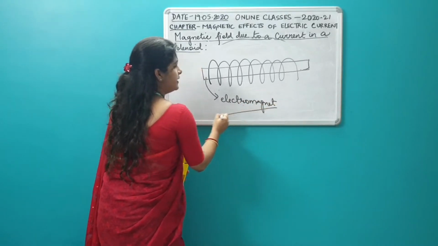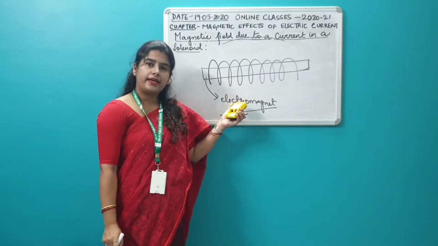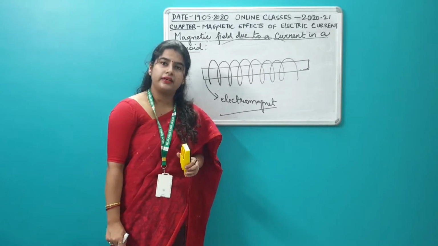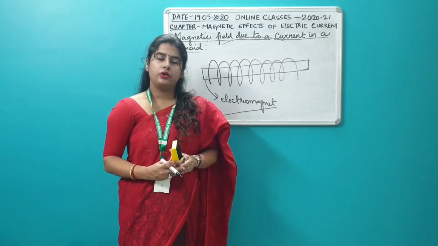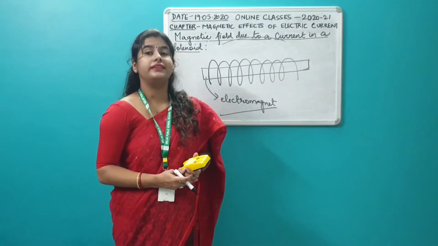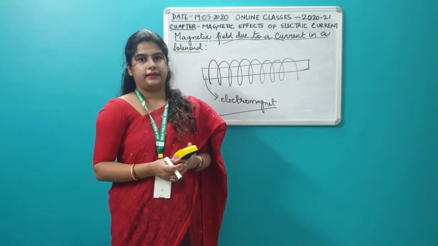Remember this arrangement: a coil of insulated copper wire carrying current wound around a piece of soft iron is known as an electromagnet. And the magnetism of the electromagnet is much stronger than a solenoid. So this is your electromagnet.